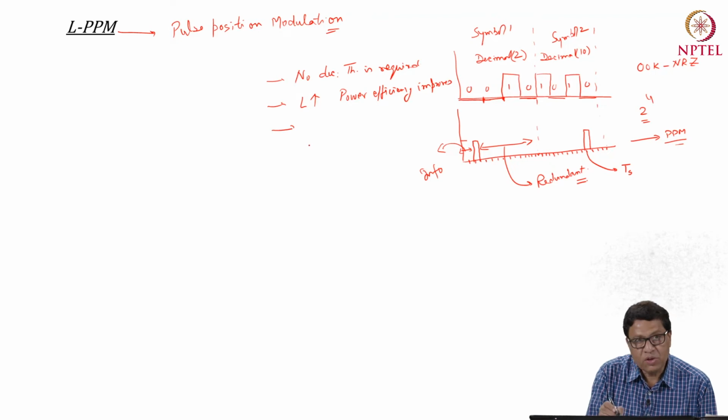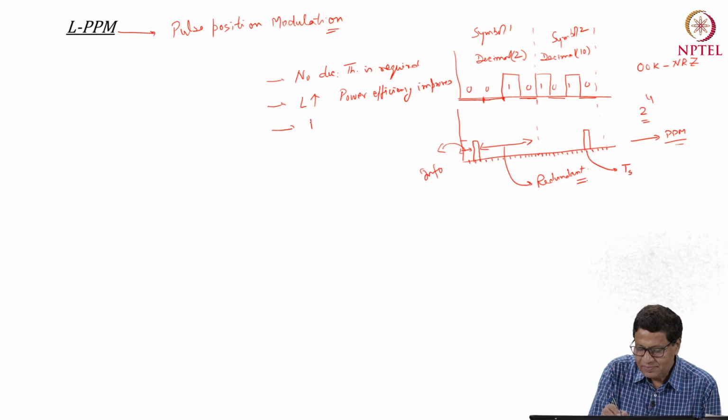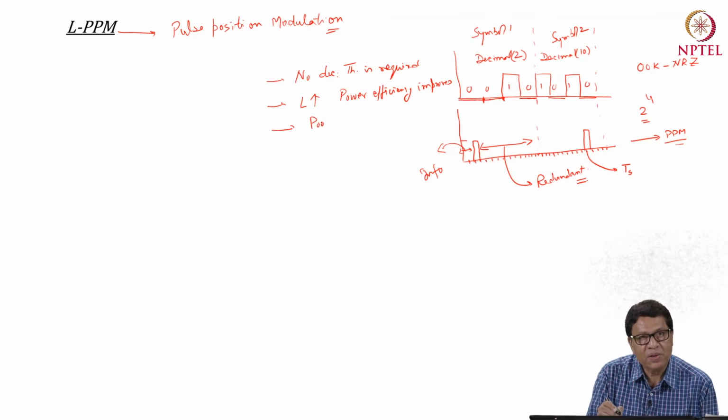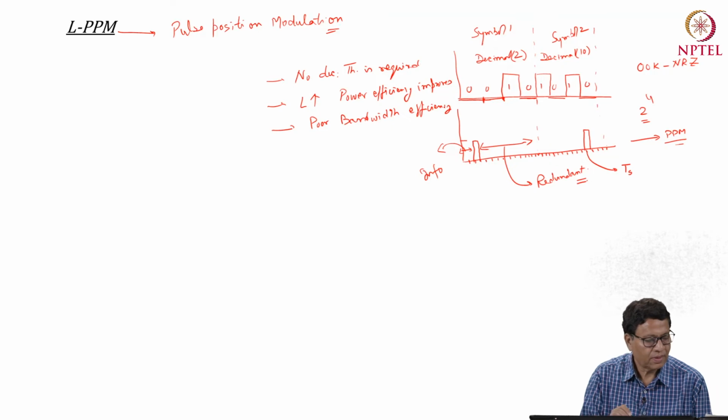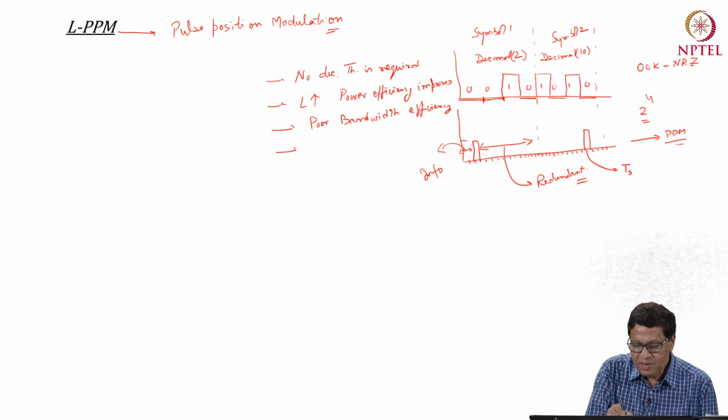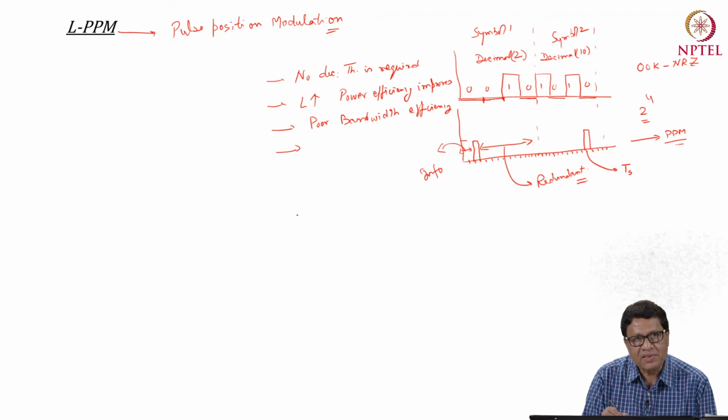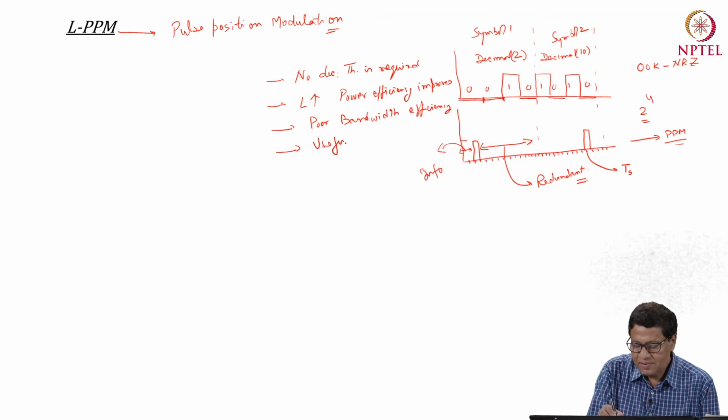But the cost one has to pay is poor bandwidth efficiency, because the pulses are becoming narrow, they require more bandwidth. So PPM is useful when you have a power limited system.